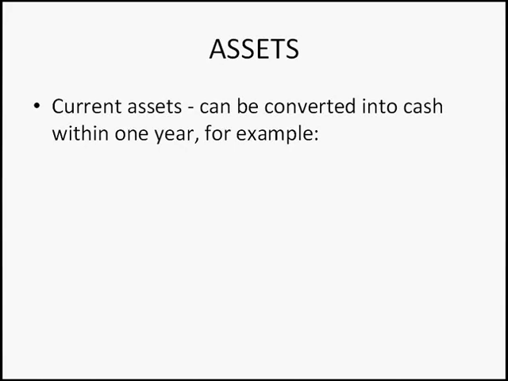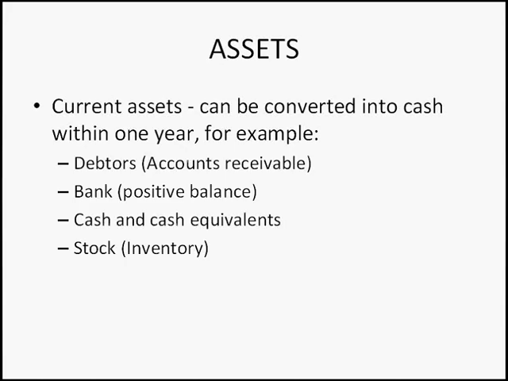Examples of current assets would be debtors, or the new name for it would be accounts receivable, because we still need to receive the money from the people who we sold to on credit. Bank, if the bank has a positive balance, in other words, if there is actually money in the bank, then that is a current asset for the business.